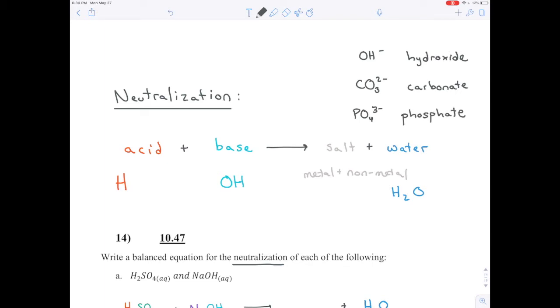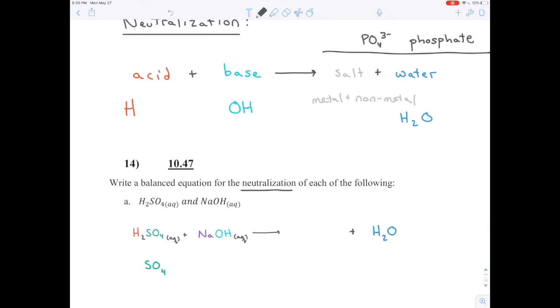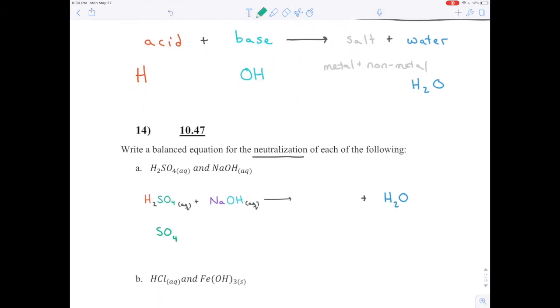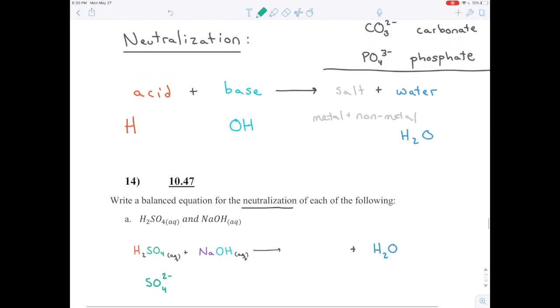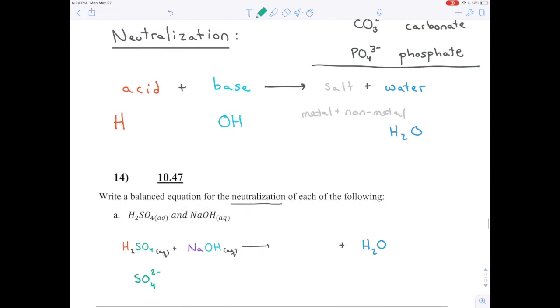If you're ever given a polyatomic ion that is not one of those 3 on an exam, then the charge on it would be given to you. So for example, it would be given to you that SO4 has a 2- charge on the exam, because this is not one of the 3 polyatomic ions that you would want to have memorized.